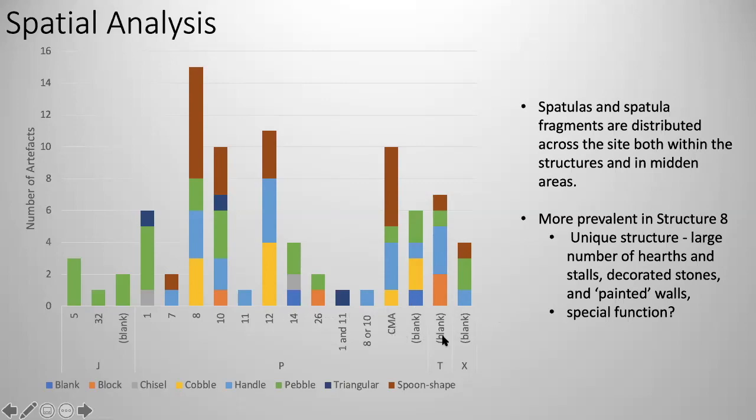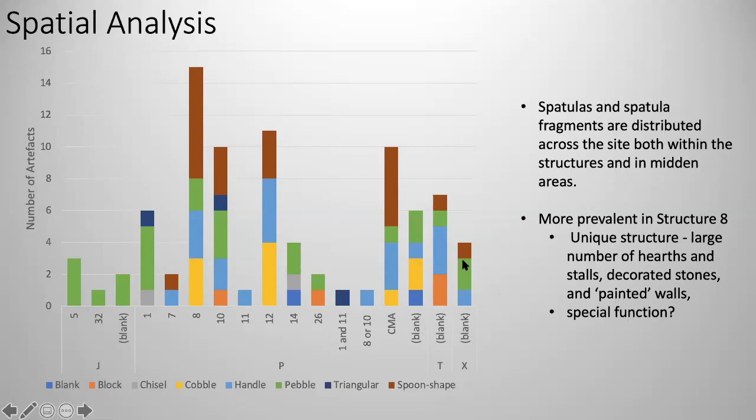And the blanks just mean that there was either no structure identified, or the artifact was found in the large samples taken. So it was found after large samples were taken and recovered in processing the samples.